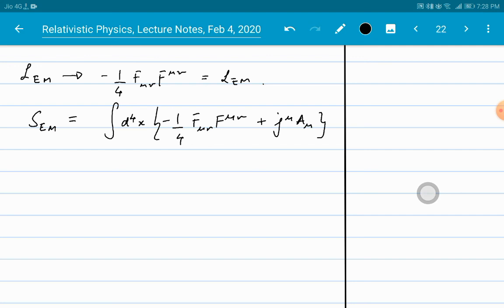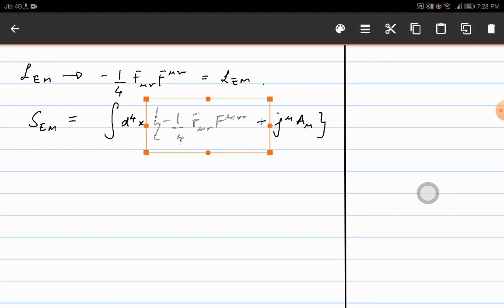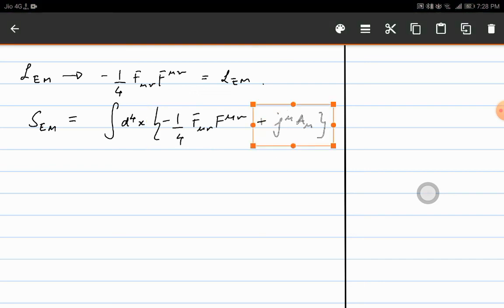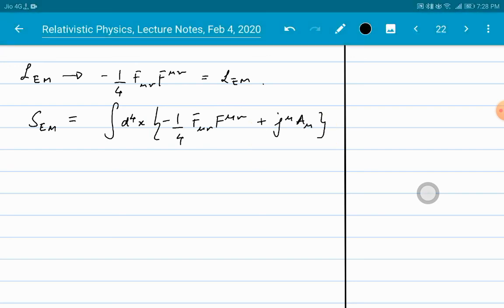So here, the first part is the pure electromagnetic part, and the second part describes the coupling of the 4 vector potential with J mu.